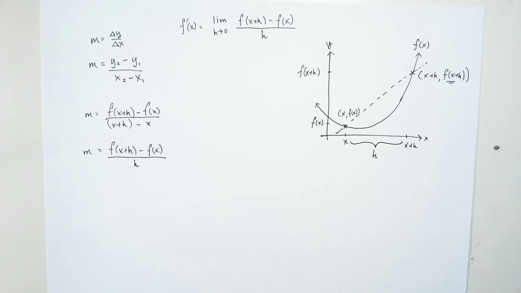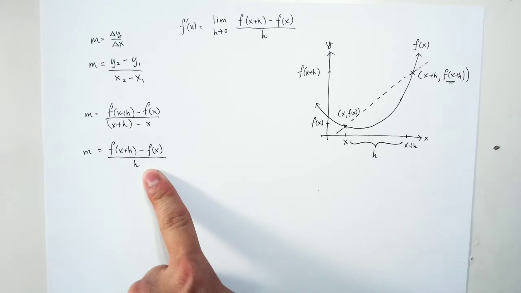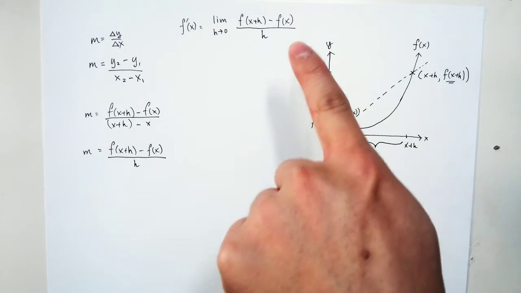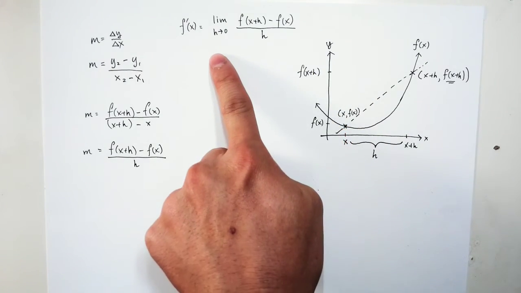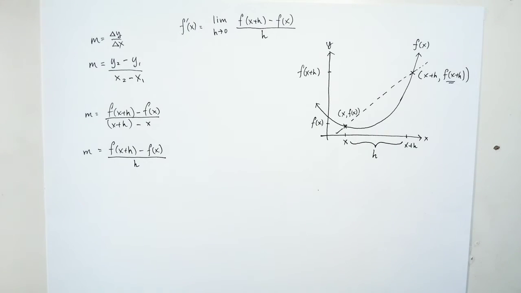And at this moment, you'd be like, wait a second, I see something very special, because I can see this right here, which looks just like this over here, except that we have a limit over here. So what's this limit all about? Now, let's think about this. In Algebra 1, in Algebra 2, when you are asked to calculate slope, you'd be like, okay, yeah, give me 2 points and I can calculate that.